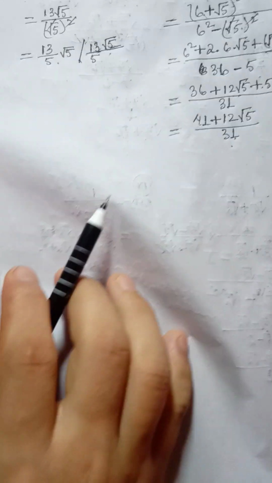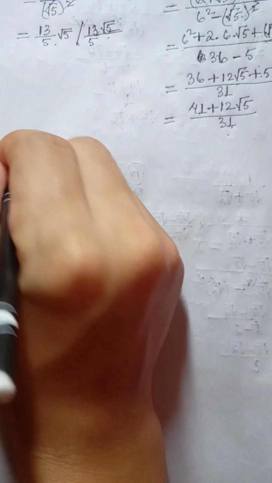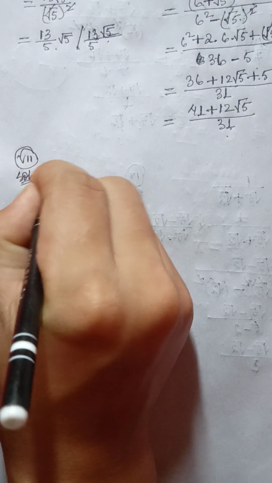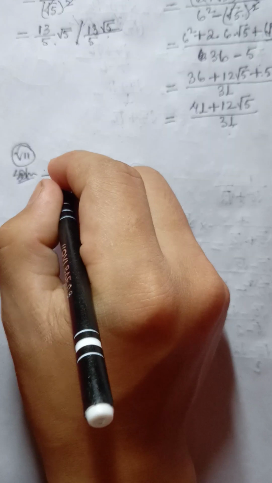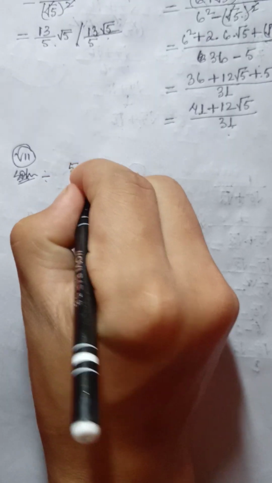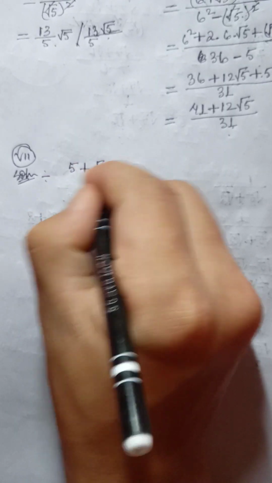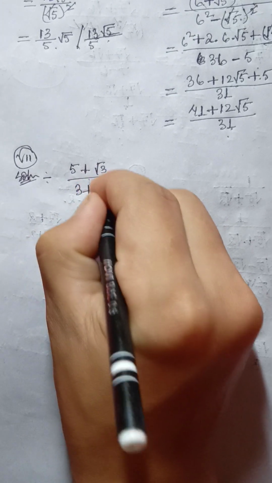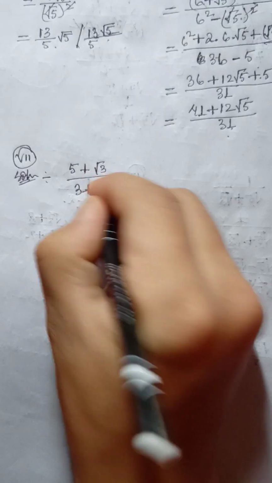Then let us proceed to the next problem, that is Roman number 7. What problem do we have in Roman number 7? That is 5 plus root 3 divided by, or in the denominator we have 3 plus root 6.